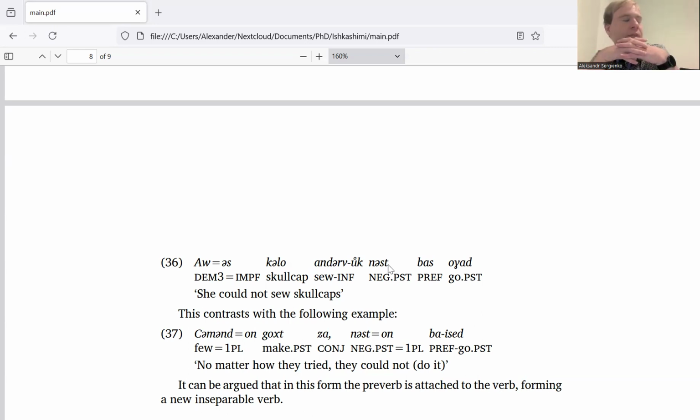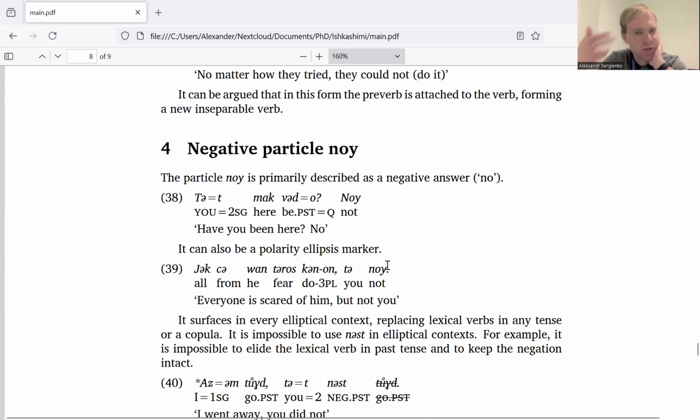And in 37, you don't really see negation intervening between ba and isid. It's a new inseparable verb. So that's it for the negative preverbs. And I think that it's really something that you don't really see in other Iranian languages often.